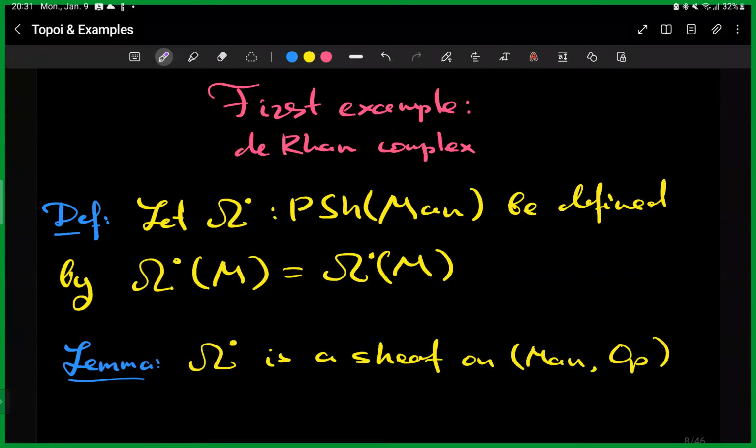So obviously, differential forms form a presheaf on the category of manifolds. And the value of this presheaf is tautologically given by just taking differential forms on a manifold. But actually, as you probably know, this presheaf is a sheaf, meaning that we can glue differential forms over an open cover.